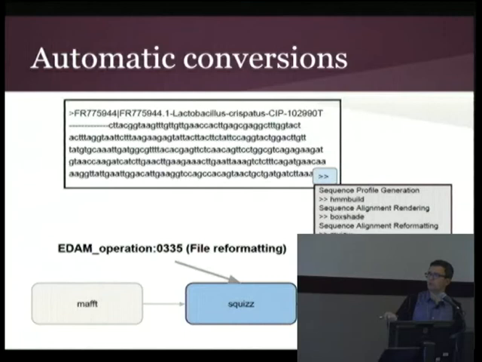But since we have in the list of available services file reformatting operations that can handle the conversion between FASTA and PHYLIP format, we can suggest the use of DNAdist and then at runtime execute a workflow that will first perform file reformatting and then the distance matrix construction.